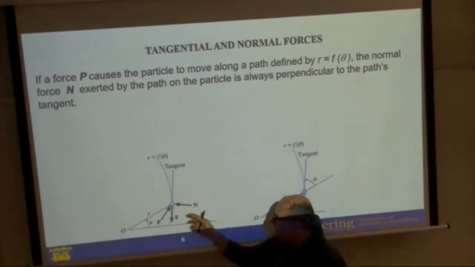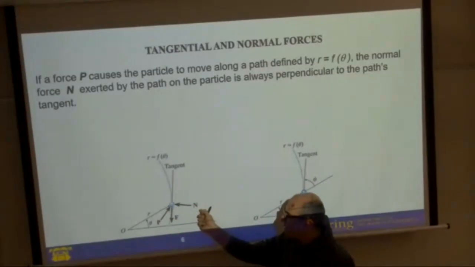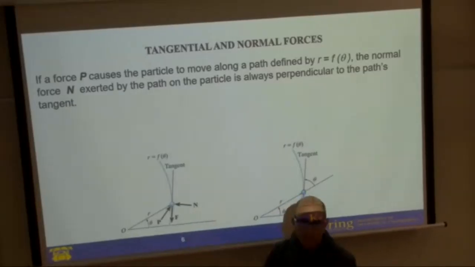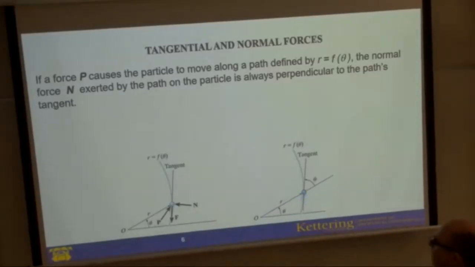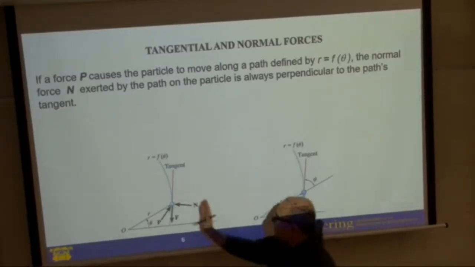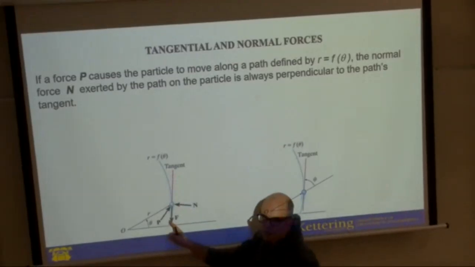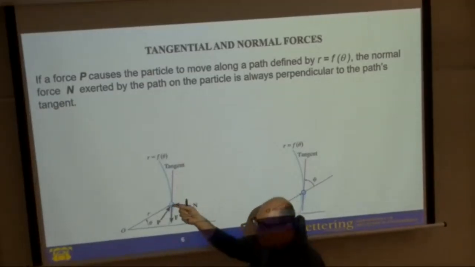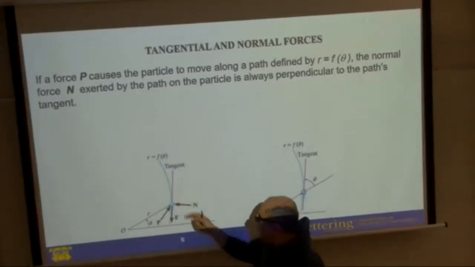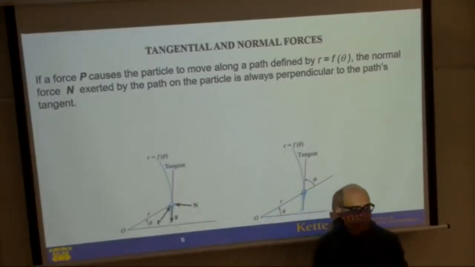Now I want to show you the direction of the normal force and the direction of the frictional force. If I draw a tangent line, this red line, that's a tangent line. The normal force is perpendicular to the tangent line.